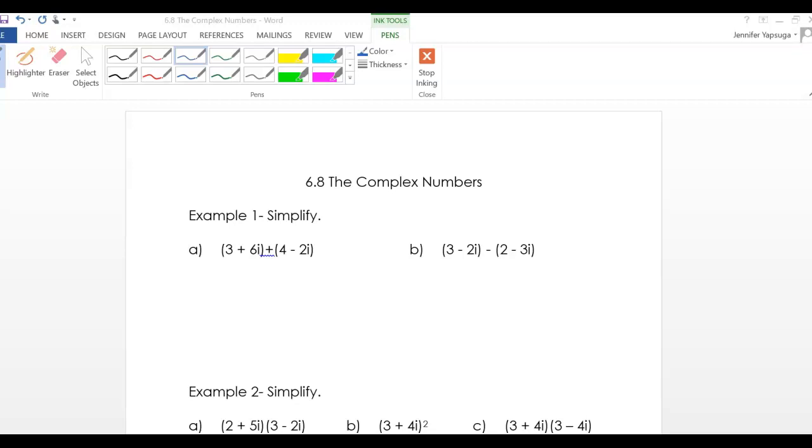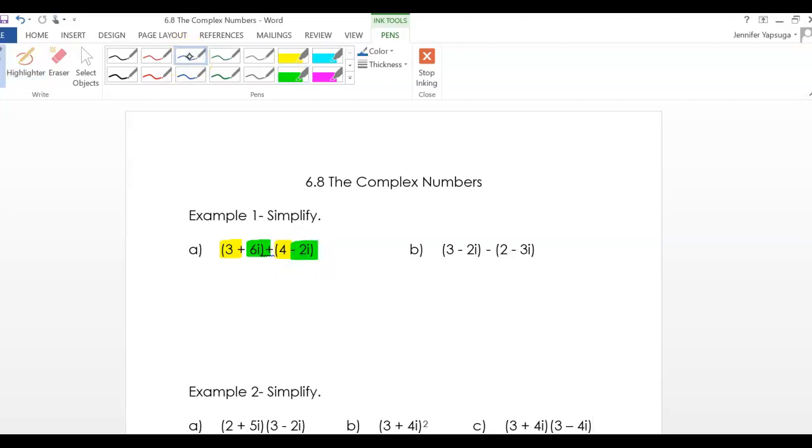We're asked to simplify the following expression, which is 3 plus 6i plus 4 minus 2i. Just like we would in any normal case where we're simplifying, we're looking for like terms. I'm going to use my highlighter to show that 3 and 4 are like terms, and 6i and minus 2i are also like terms.